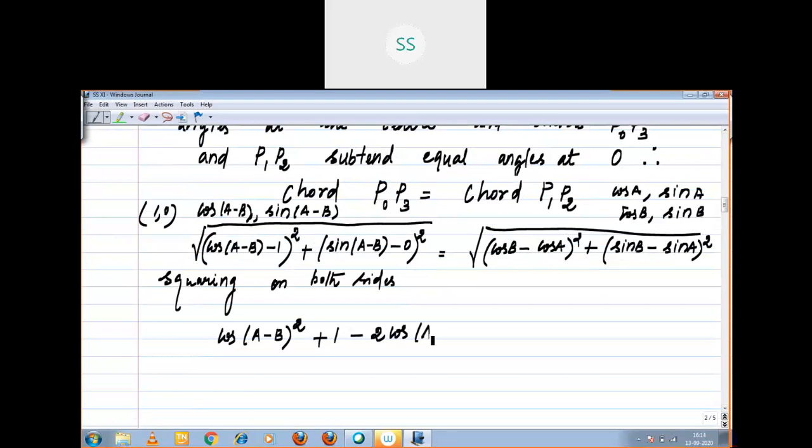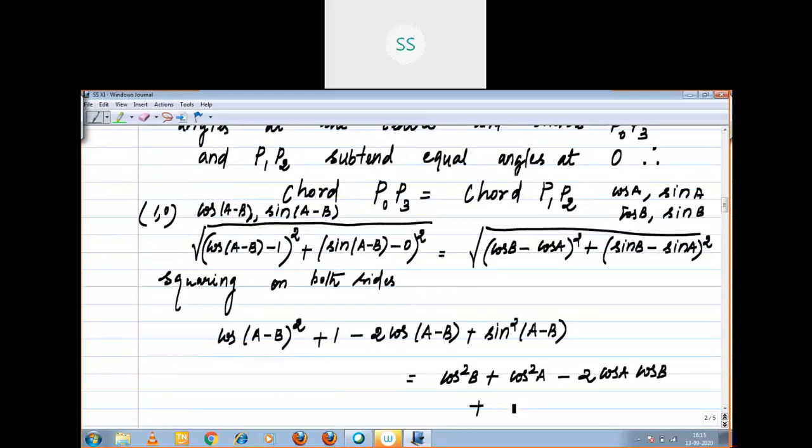Now, cos square(A minus B) plus 1 minus 2 cos(A minus B), that is the (a minus b) the whole square identity, the square root removed, plus sin square(A minus B). Got it, children? Here 0.